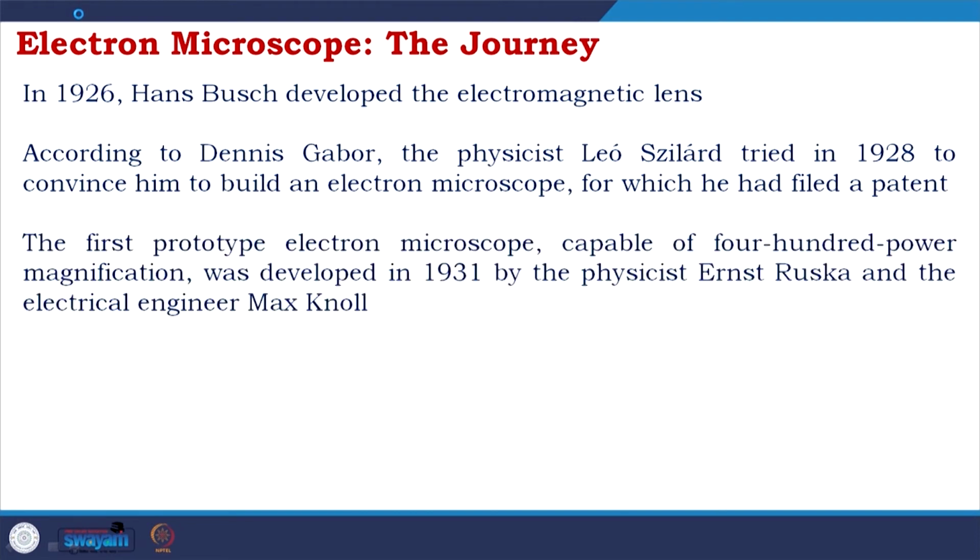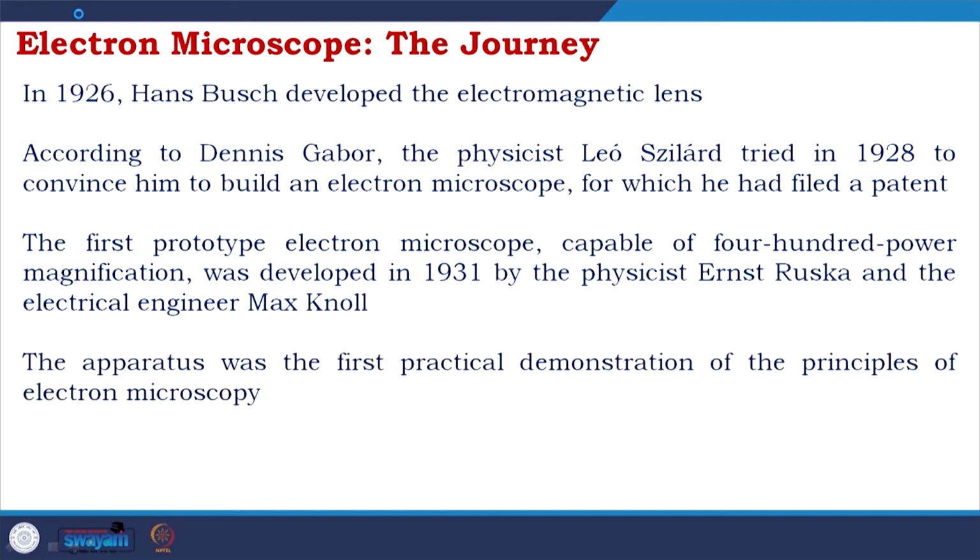The first prototype electron microscope, capable of 400 power magnification, was developed in 1931 by the physicist Ernst Ruska and the electrical engineer Max Knoll. The apparatus was the first practical demonstration of the principle of electron microscopy.